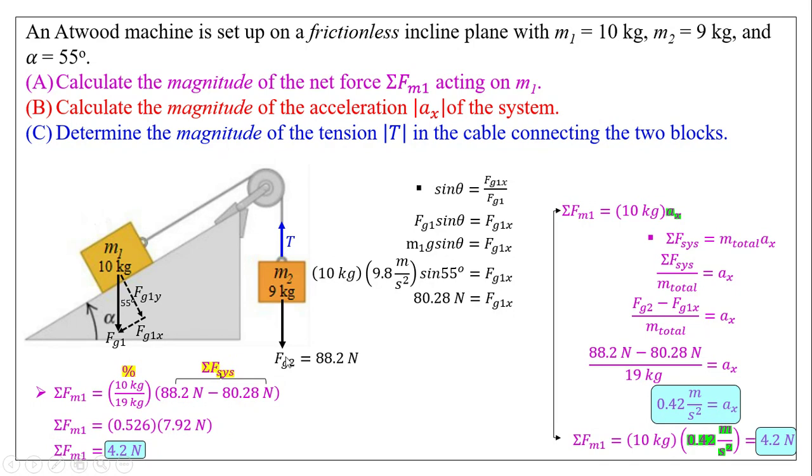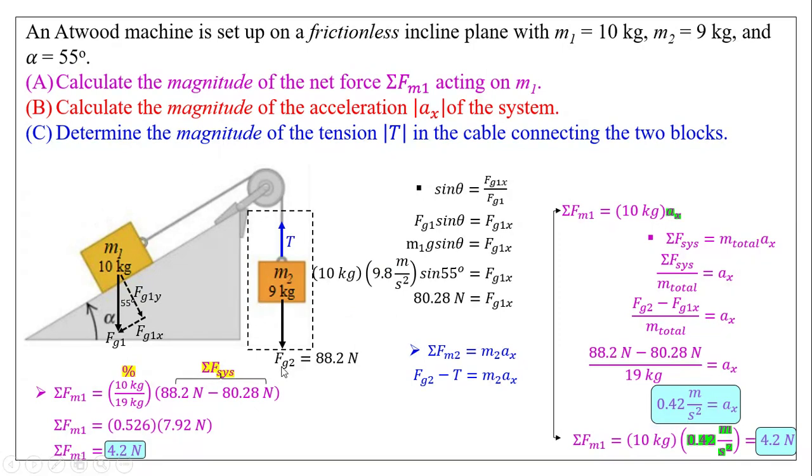So if I set up Newton's second law of motion for M2, I have sigma F equals ma. Well, sigma F for M2 because I'm just looking at M2. The right side is m2a. And then we already know, using common sense, that Fg2 is bigger than T. So I'm going to say the line of motion is favoring the right.